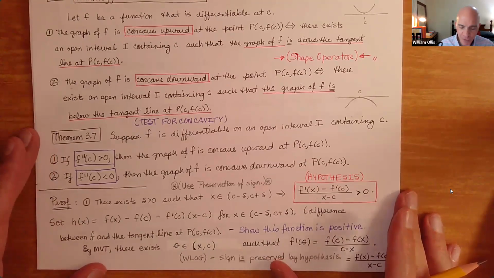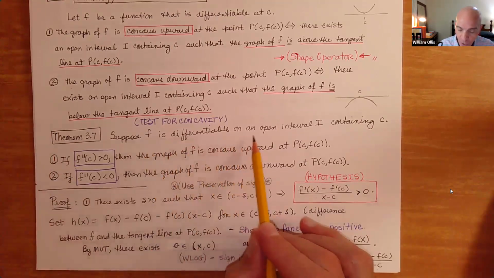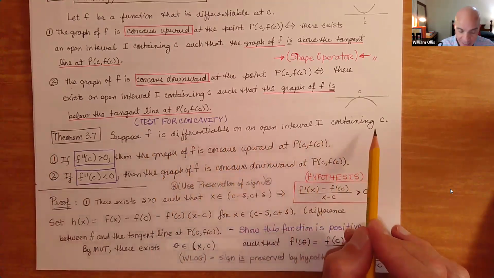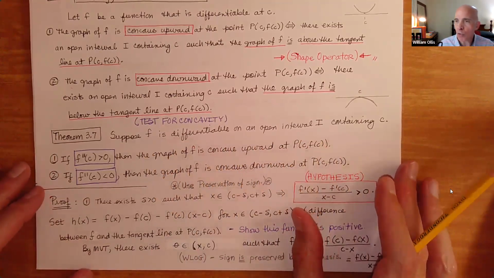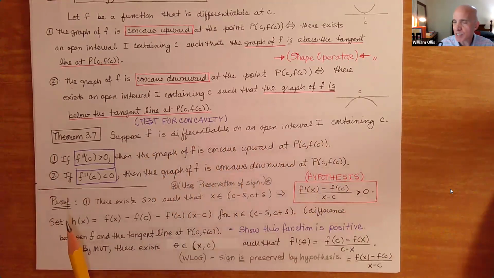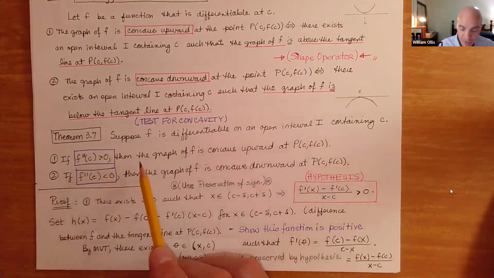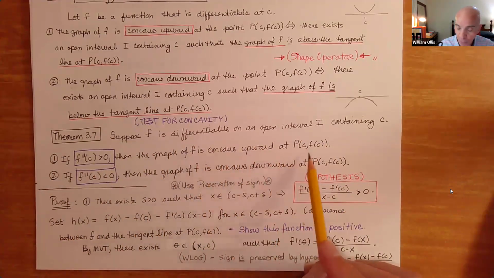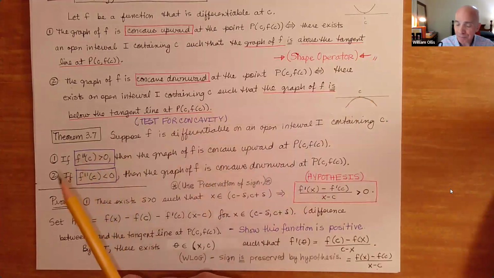This is called the test for concavity. So suppose f is differentiable on an open set I containing c. And the test is very simple and very straightforward and parallels the increasing decreasing theorem that we have already used. So if the second derivative at c is positive, then the graph of f is concave upward at this point, and we get a situation like this.